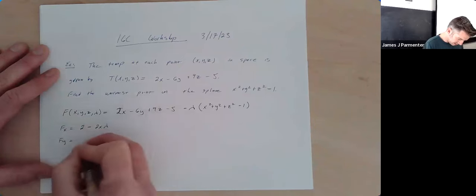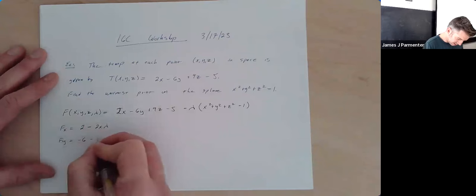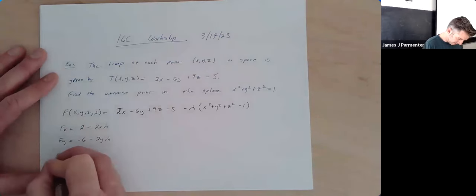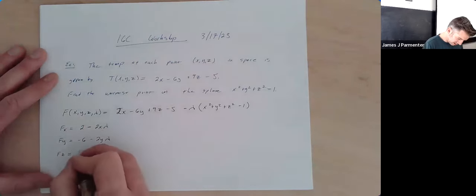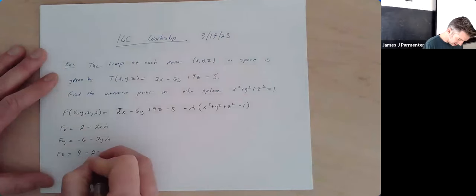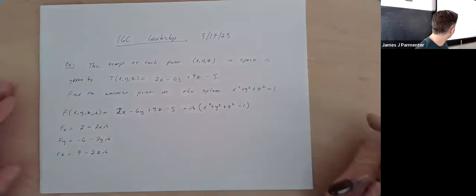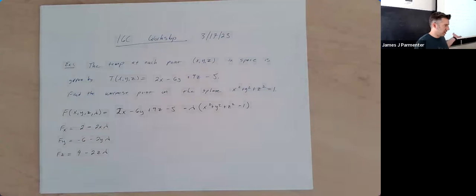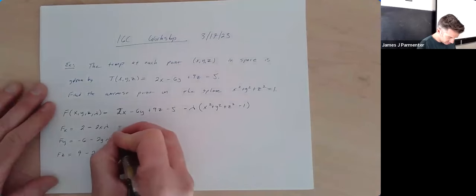Fy is going to be negative 6 minus 2y lambda. And Fz is going to be 9 minus 2z lambda. And you could write down F lambda, but we've talked about how F lambda is just the constraint, so we don't really need to write that down again. Then we set these all equal to 0.